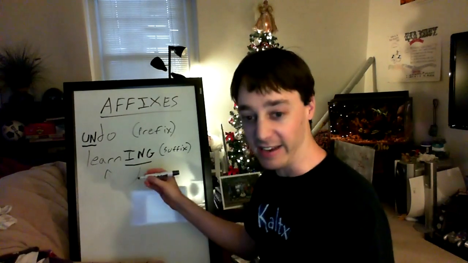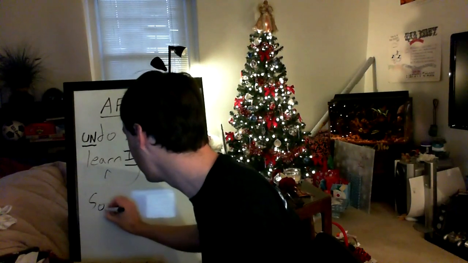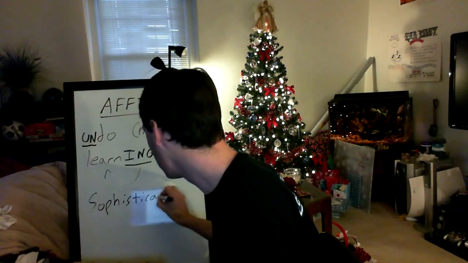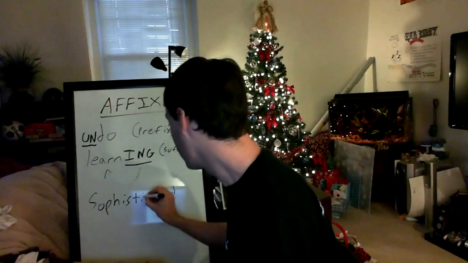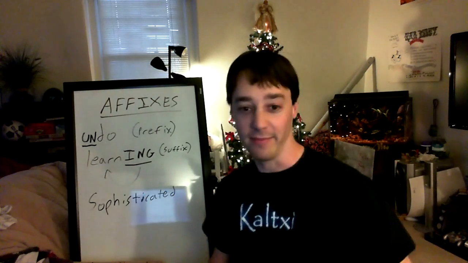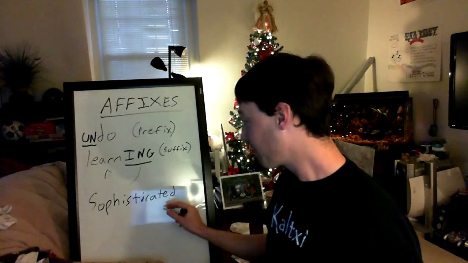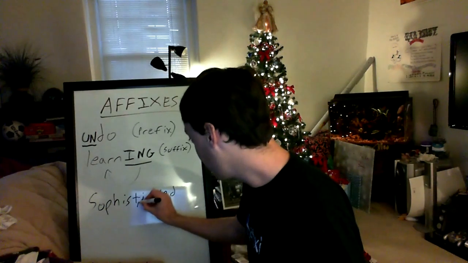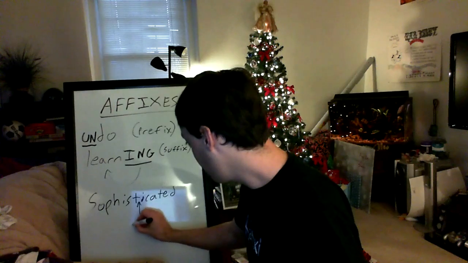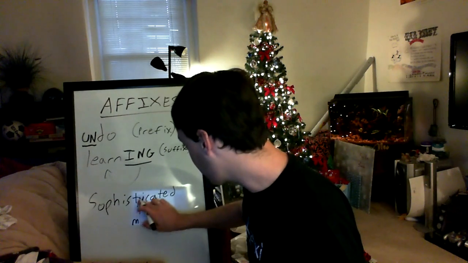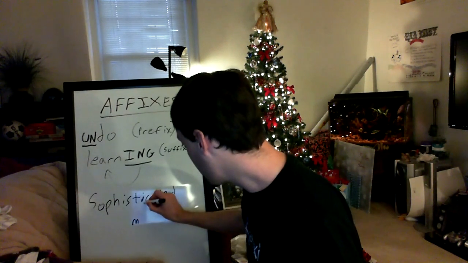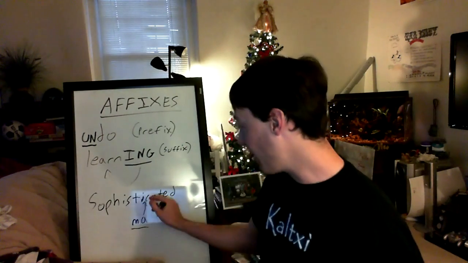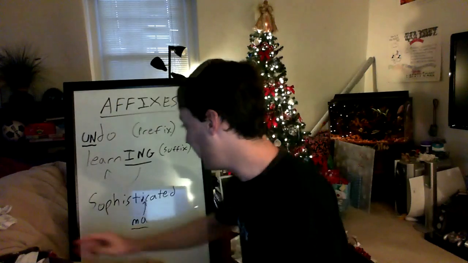So, we'll take sophisticated, and I think I spelled that right, yeah. Okay, so we have sophisticated, and to make it sophisticated, which who knows what it means, we take ma. Oh, whoops, I put it in the wrong spot. We'll take ma and put it right in the middle to make sophisticated.